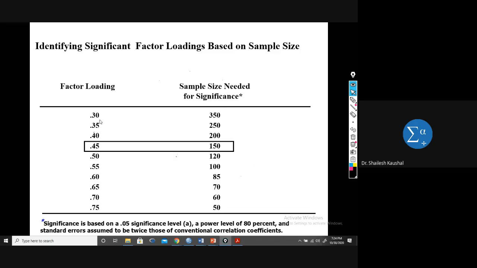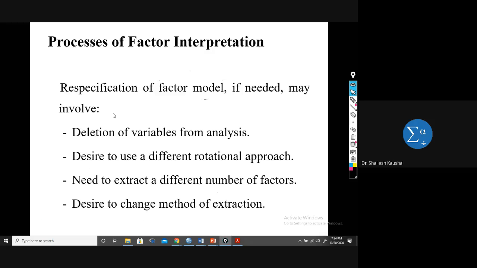If you think this particular item is necessary for this factor, then you can take it, but other variables' values should be high, because the average variance extracted should be greater than 50%. So this is the process of factor analysis.